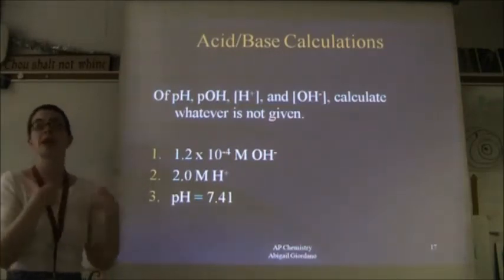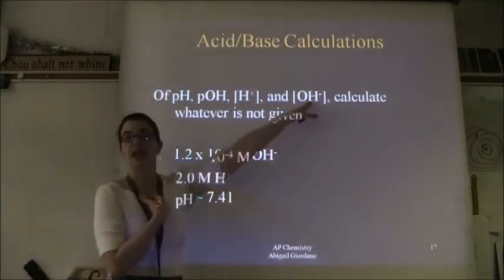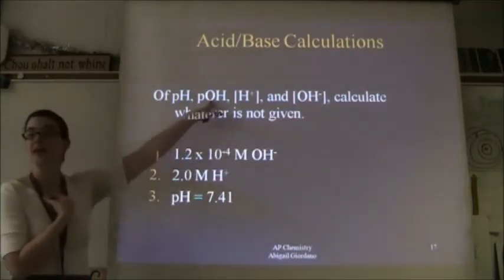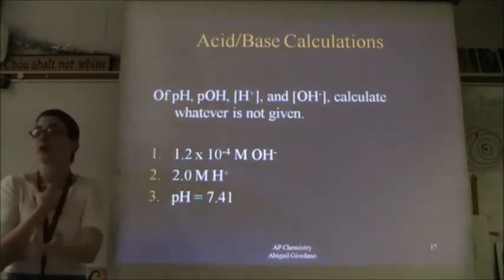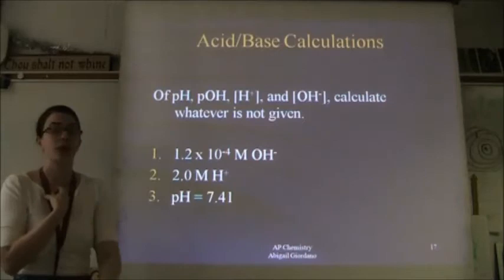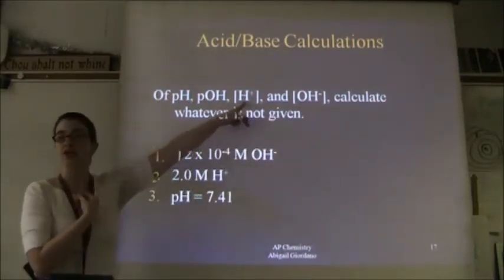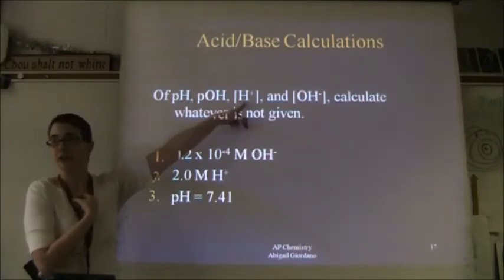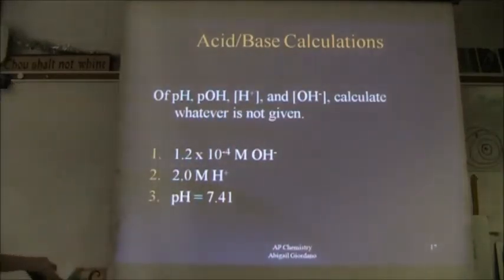For you, maybe it makes more sense to use this and go right to a pOH. Whereas maybe the person next to you uses a different equation and chooses to start here and solve for the hydrogen ion concentration first. That's fine. There's multiple ways to go. As long as we end up with the same answers, I'm happy. Try this, please.